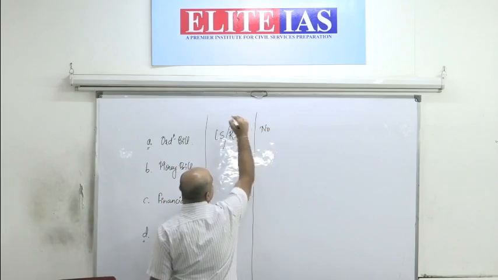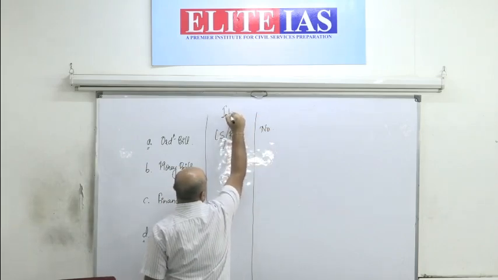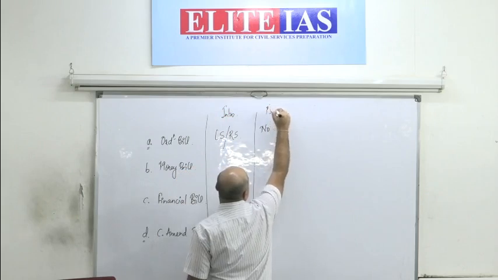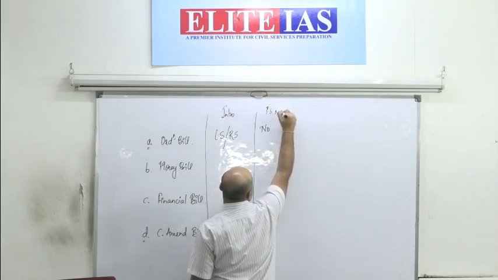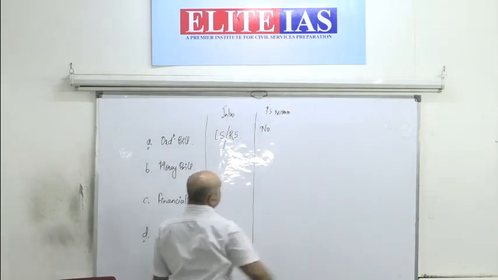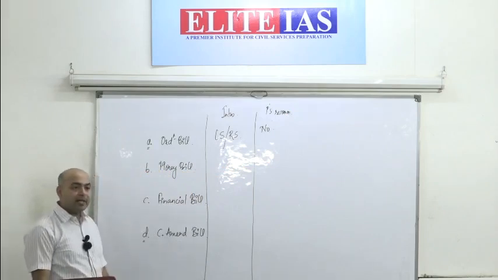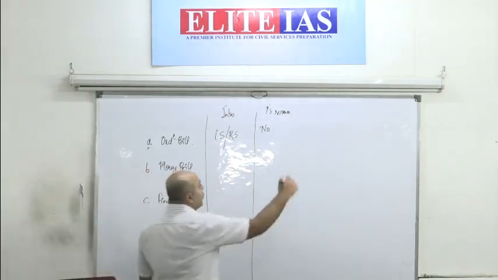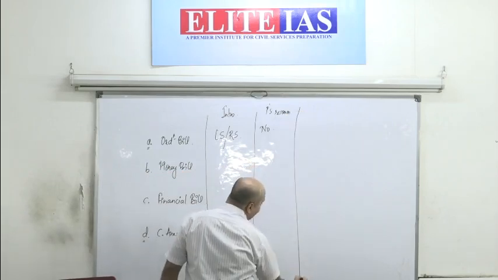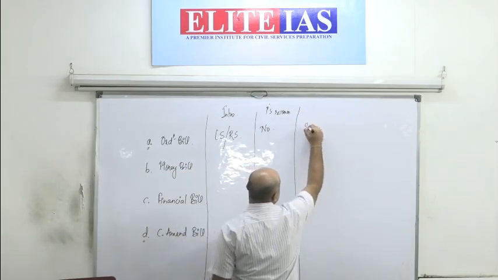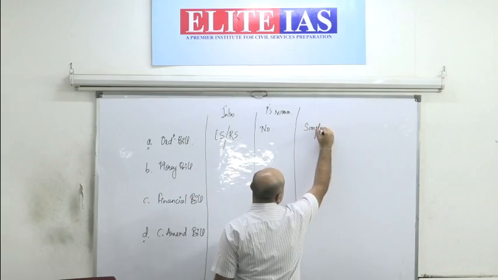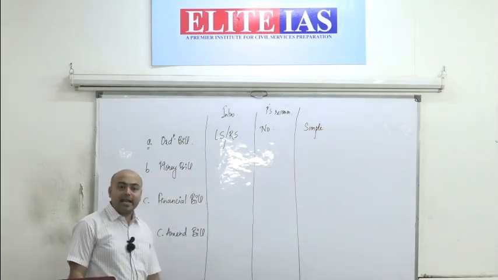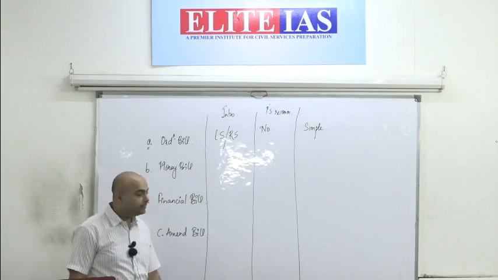No. Does the bill require the President's recommendation to be introduced? No. What is the majority that is required? Simple. A simple majority is required to pass an ordinary bill. Clear?